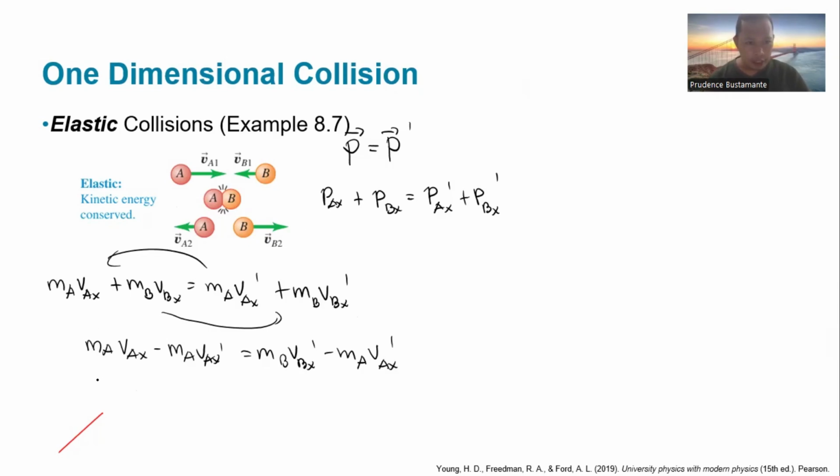So here, MA times VAX minus VAX prime is equal to MB times VBX prime minus, okay, this is actually B, and this is not prime. I'm sorry, VBX.